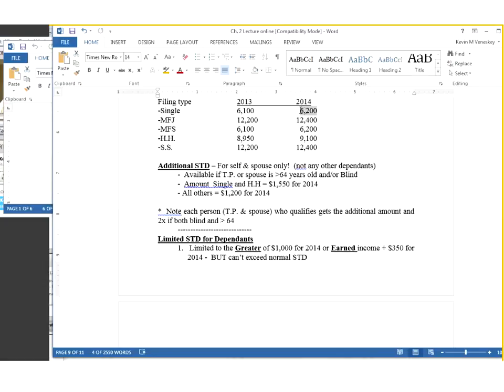So if you're single and you're 66 years old, you get to take $6,200 plus $1,550. If you're married filing joint and both you and your spouse are 80 years old, you get to take $12,400 plus $1,200 plus another $1,200 for the spouse that is also over 64 years old. $1,200 for both of you.